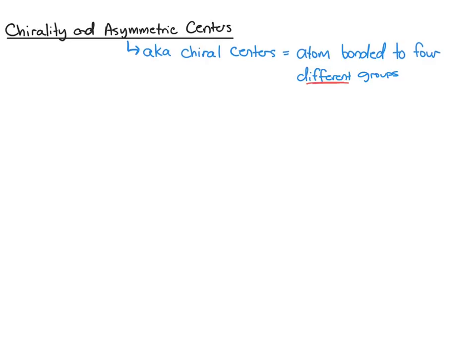sp3 carbons are always bonded to 4 groups, but the question is, are they different? So let's look at some examples and figure out whether or not we're looking at chiral centers. In fact, we don't even need to worry about 3-dimensionality yet. The first one should be pretty straightforward.